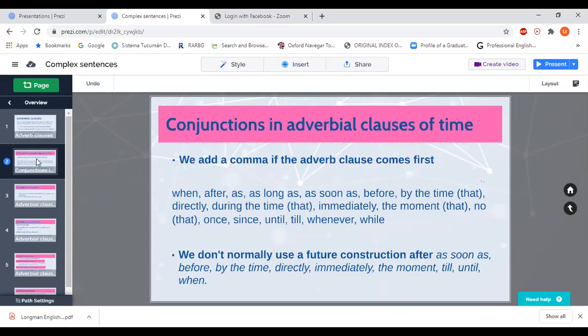We would say something like, please call me the minute you arrive. Please call me when you get home, okay? We won't usually say, please call me when you will get home. We don't use future after these words, okay?